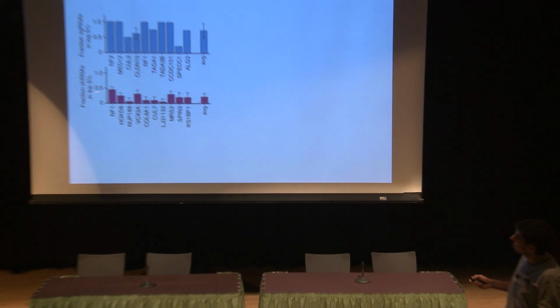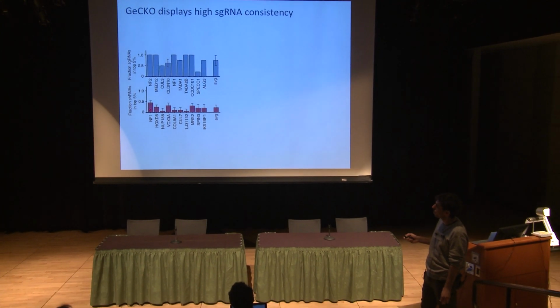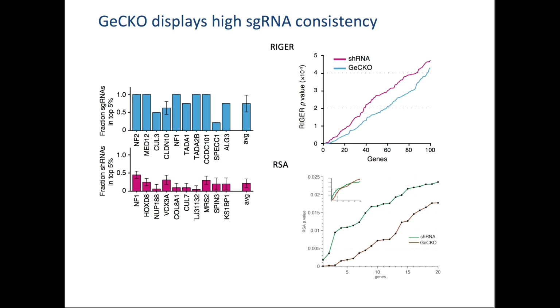The top hit, NF1, that we were expecting in shRNAs, still less than 50% of the shRNAs are actually enriched, and the other hits, these were actually not validated, are much less. And you see that for the CRISPR, it's really promising.